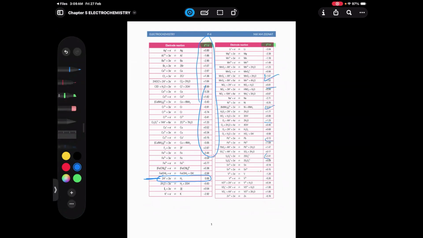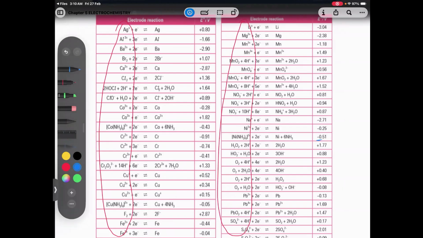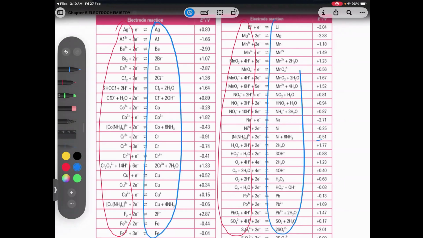How they are measured, we will explain later on. But right now, looking at all these equations, all these are gaining, but on the other side, they're all losing.